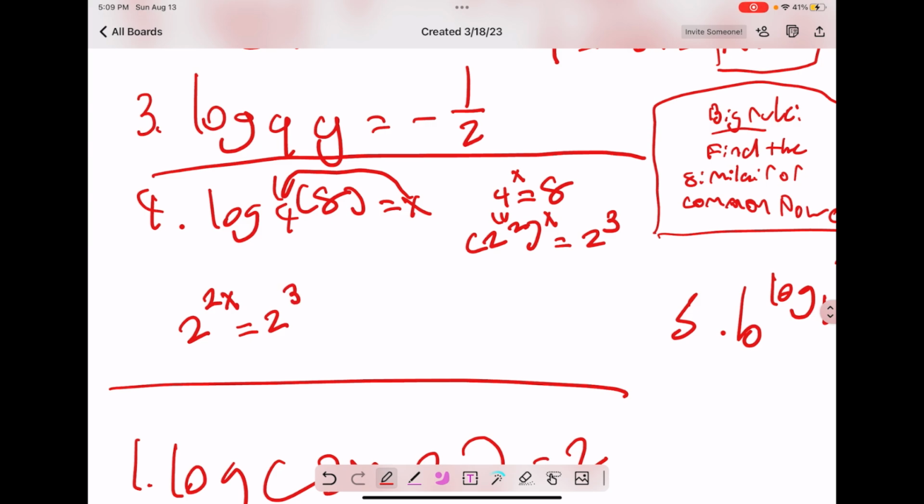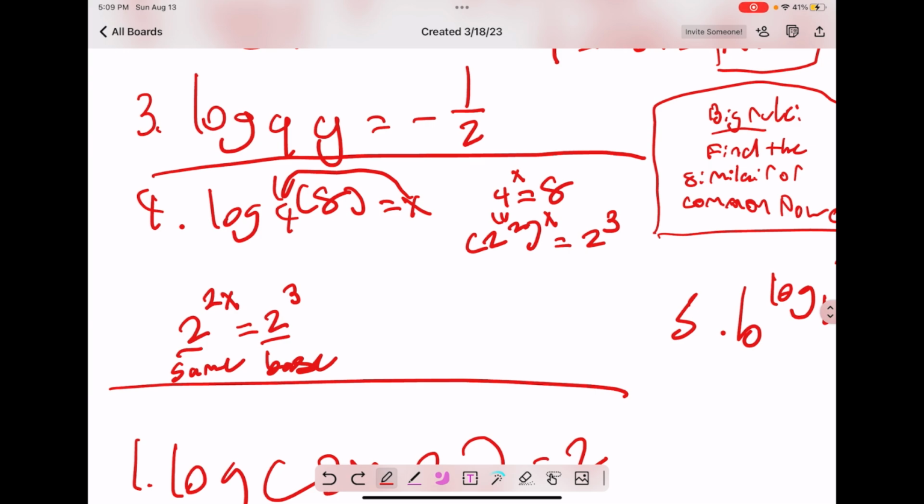Now, what we can do is, if the exponents have the same base, we can just set the exponents equal, focusing on the exponents on top.